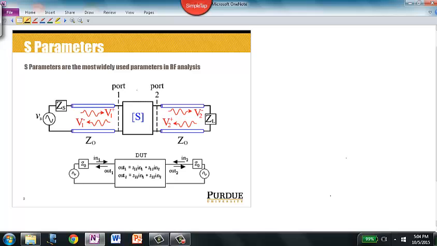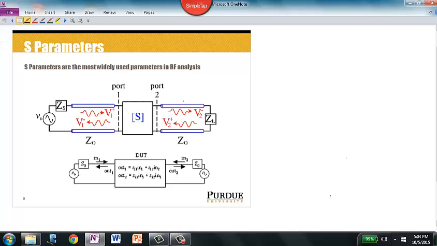So as I said earlier, S parameters define a 2-port device using forward incident and reflected waves at both ports. So we've got this incident wave and this reflected wave at port 1, and this incident wave and that reflected wave at port 2. So for example, V1 plus is the voltage wave entering port 1.